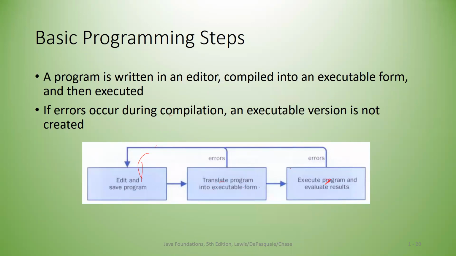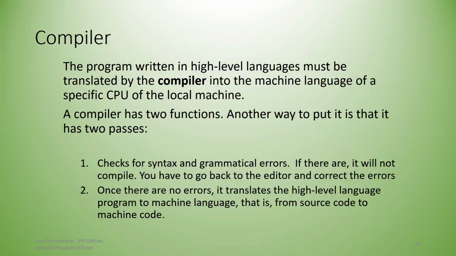You write the program, you compile it, and then the compiled machine language will run. So when you compile, it translates it into machine language already, and then you run it. That is the basic programming steps. So I'm just, again, expanding a compiler so that you understand it.